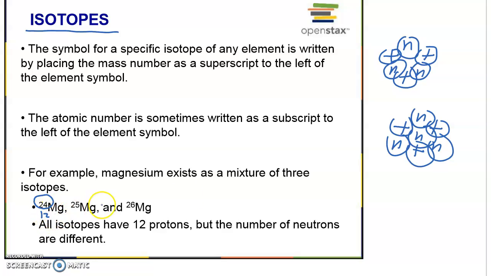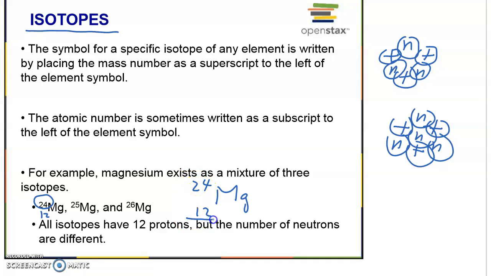So if I write Mg, with 12 over here and 24 over here, that means I have 12 protons for this Mg. And by the way, the atomic number should be fixed for the same element. And there are 24 particles altogether, which we call the mass number.